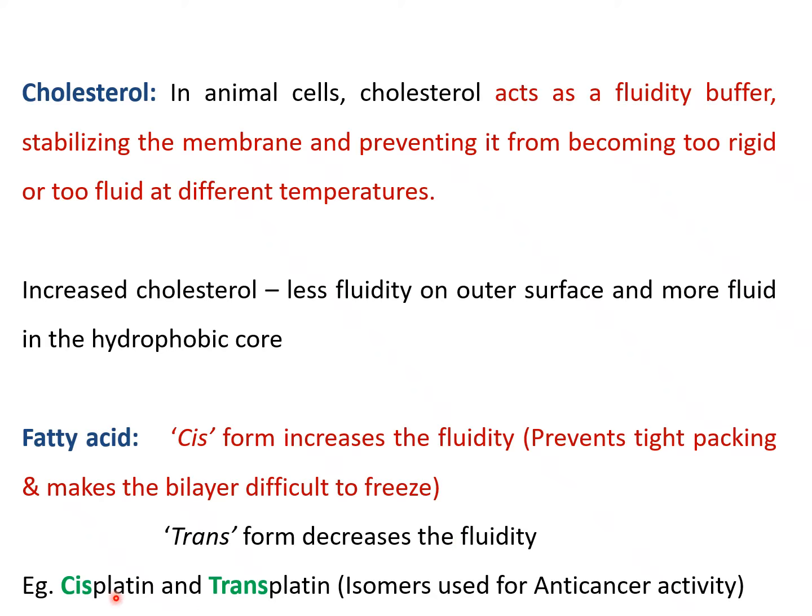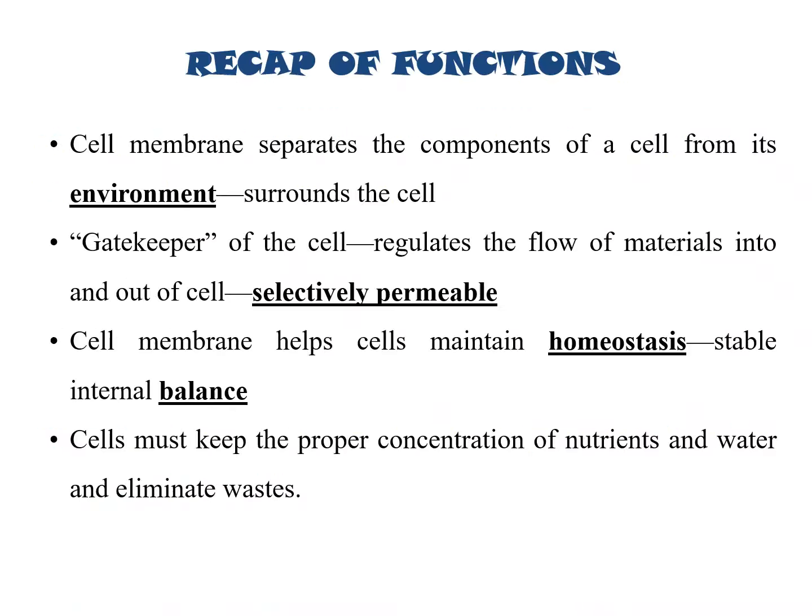Cisplatin, in the same side isomer form, acts as an anti-cancerous drug for cancer patients. Whereas transplatin does not act as an anti-cancerous drug because it is in the trans form, whereas the cis form is good. So as isomers, that is what they do. Don't think of it as a chemistry part, it is very important in biochemistry. Cisplatin and transplatin in anti-cancerous activity are very important examples for isomers.